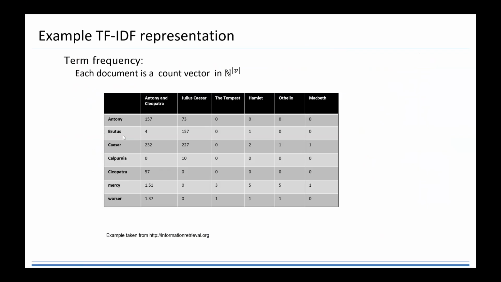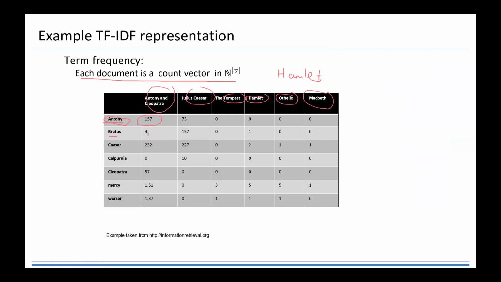Now we can see one example of the term frequency. In the term frequency, each document is a count vector. For example, this is from the drama Hamlet, a script. How many times does Anthony appear?